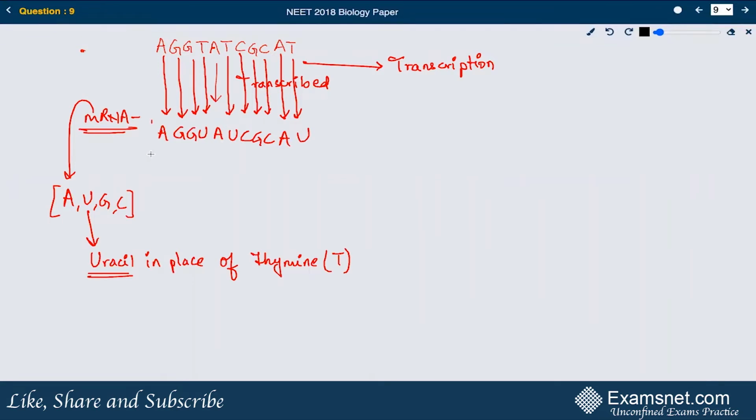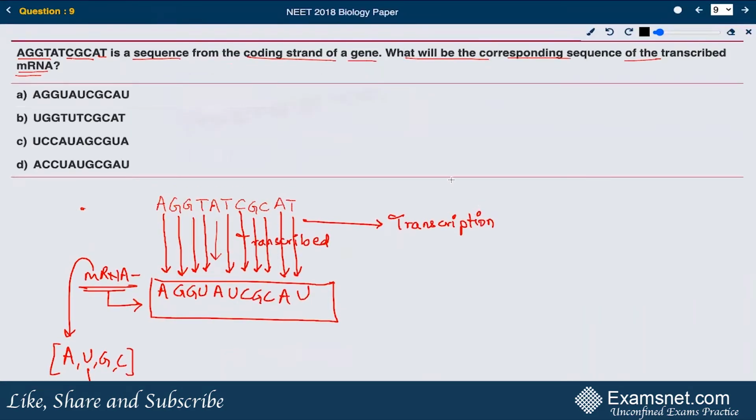So this will be the sequence of mRNA. Clear? So let us take a look. So it's A, G, G, U, A, U, then C, G, C, then A. So the first has turned out to be the correct one.